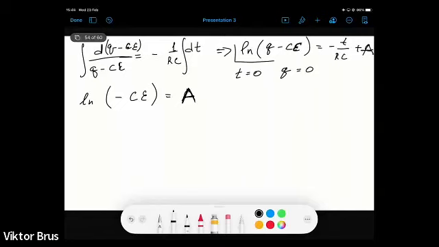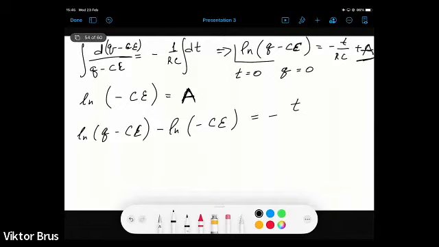So it will be natural logarithm of q minus c epsilon. Then we have this constant a. Instead of it, we put natural logarithm, which we can do like this, minus natural logarithm of minus c epsilon. And that will be equal to minus t over rc.